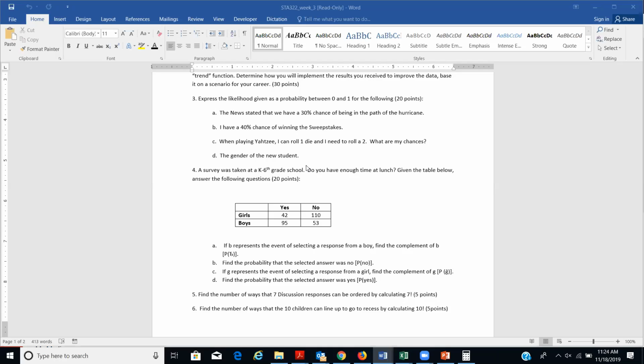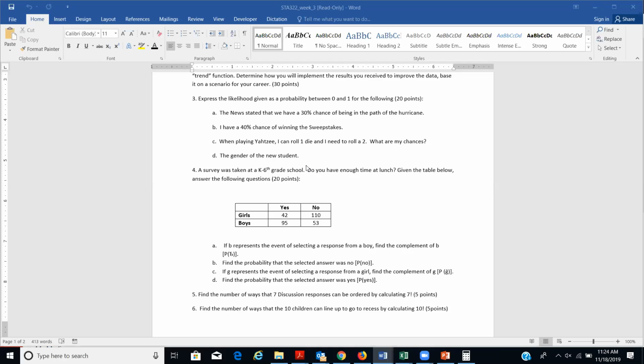We have boys. There's 148 boys, 95 of which say they have plenty of time at lunch, and 53 say they don't. That may be a reflection that boys eat faster than girls. Who knows? It could also be some negative that we won't go into about the girls.